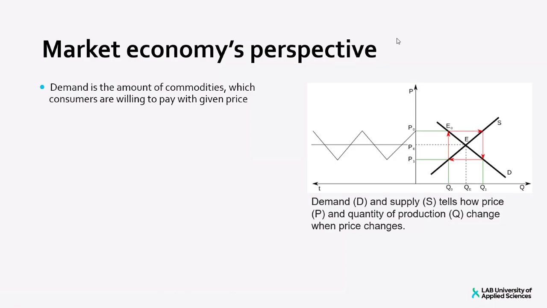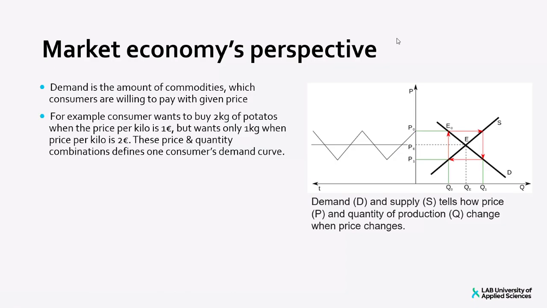Demand is always the amount of commodities, so the products or services, which consumers are willing to buy at the given price. So if there's a lot more demand, then usually that also makes the price go up.